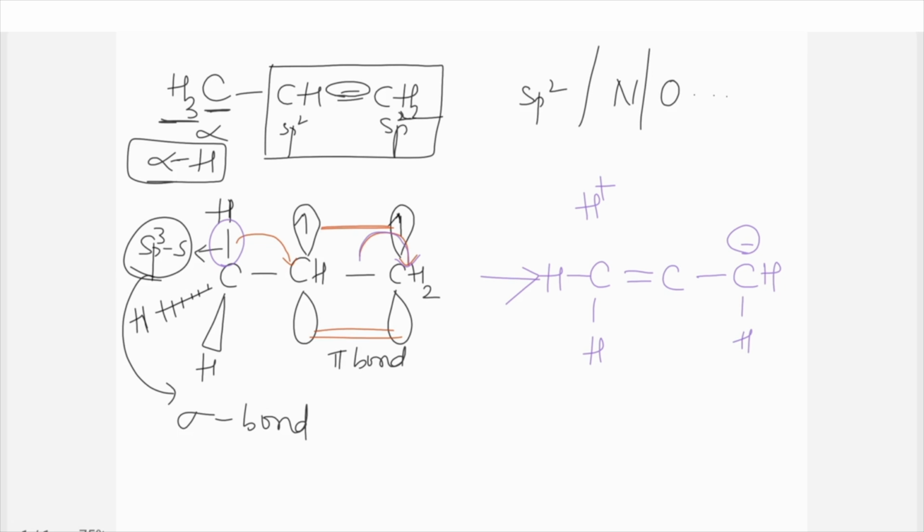Now again, if you observe, this will repeat: this comes to this side and this goes to this side. Again the process happens with the other 2 hydrogens also. Since hydrogen is losing its bond by giving out its 2 electrons, this is considered to be a no bond resonance.